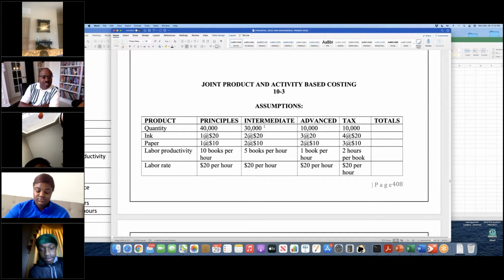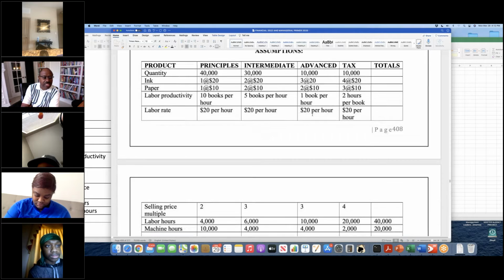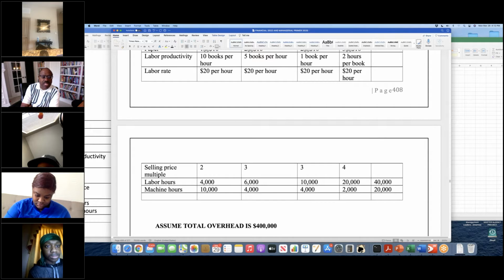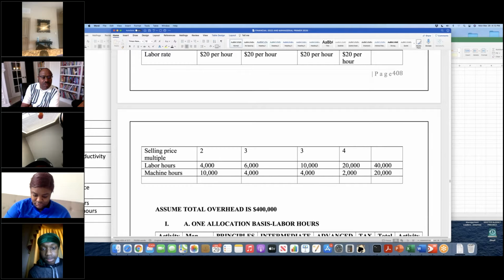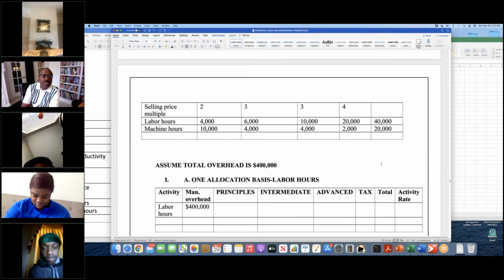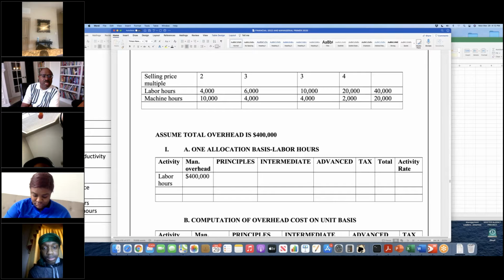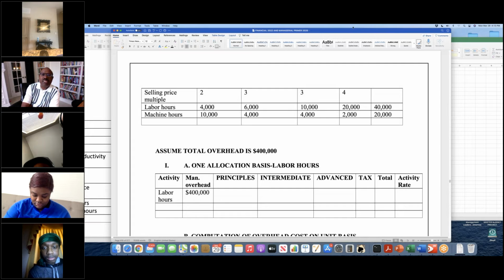You got your ink for the books. You got your paper for the books. You got your labor productivity, and you got your labor rate, which is $20 an hour in each case. You have your selling price multiples. You have your labor hours and your machine hours. And we're doing one allocation basis.